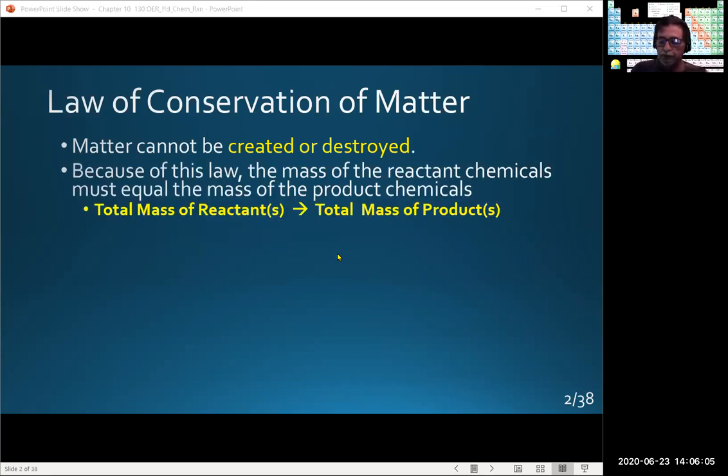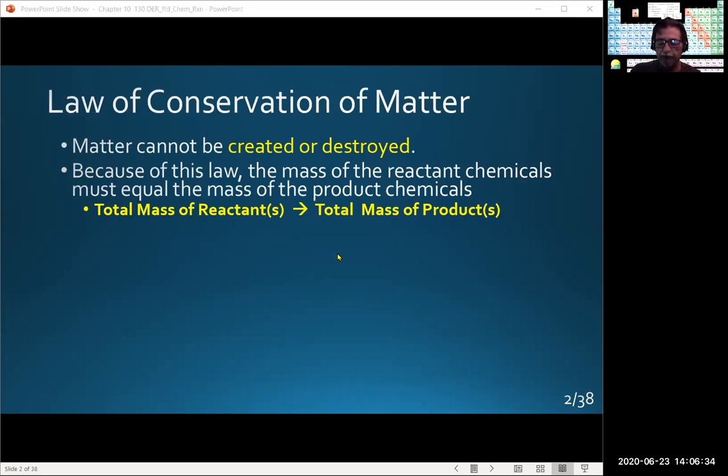What we do is we just change it, which means that the total mass of reactants, when we react them, will equal the total mass of products. So if I have A plus B to give me C, and A weighs 5 grams and B weighs 5 grams, then our product C should have a total weight of 10 grams.